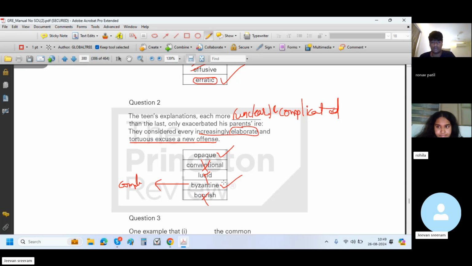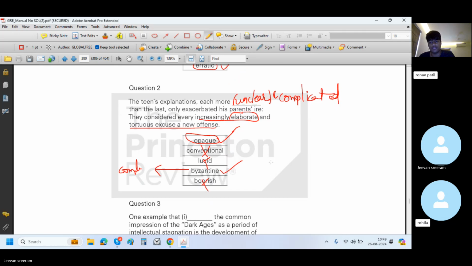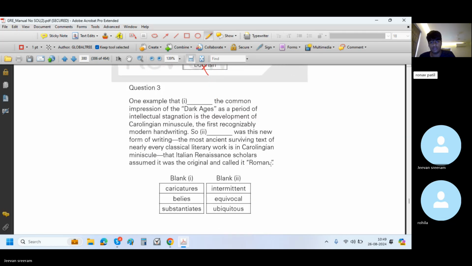Lack of clarity and complex, such a sense can be seen in opaque. Opaque is the best. Byzantine is not as good as opaque in this context. Is it clear? Yes. So B and C, sir.